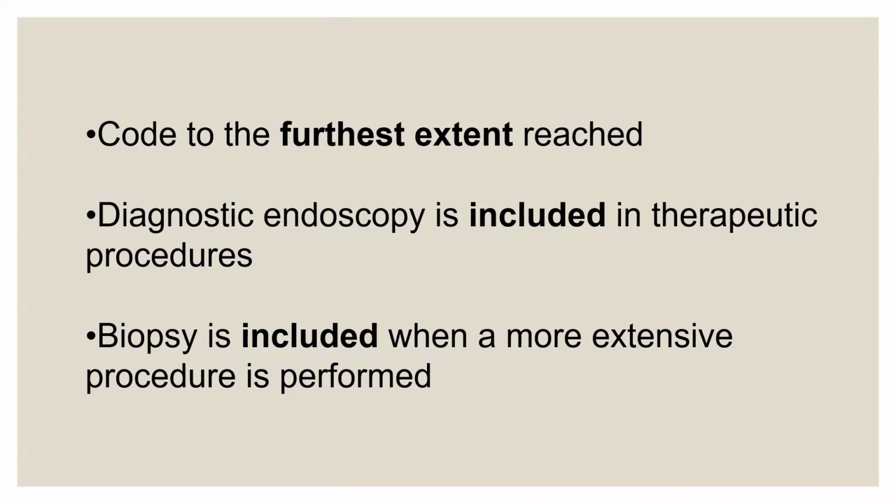Diagnostic endoscopy is included in therapeutic procedures, and biopsy is included when a more extensive procedure is performed. For example, if a colonoscopy includes polypectomy, you don't code the diagnostic colonoscopy separately. The therapeutic code, or the polypectomy, replaces it because the diagnostic procedure is included.